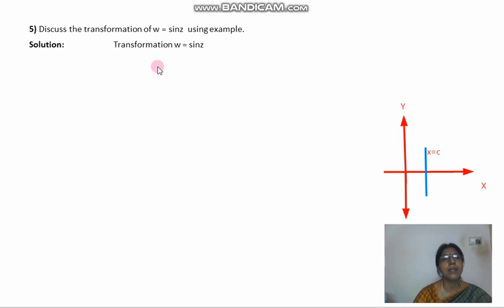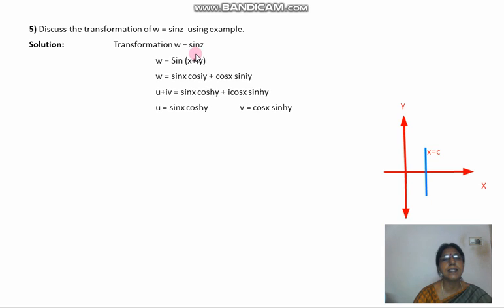Solution. Only the transformation w = sin z is given. First, rewrite this sin z function. w = sin(x + iy). The sin(a + b) formula is sin a cos b + cos a sin b. In place of a we have x, in place of b we have iy. Using the formula, sin x cos iy + cos x sin iy.